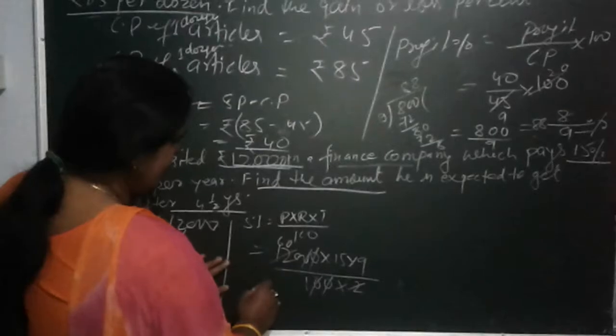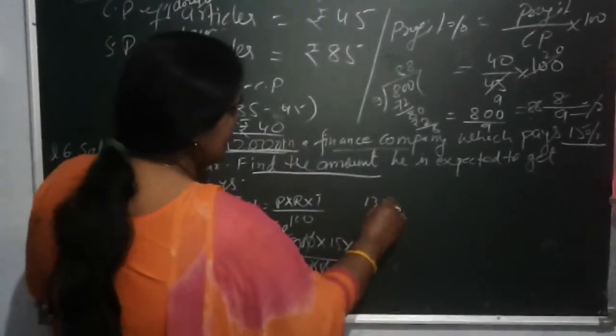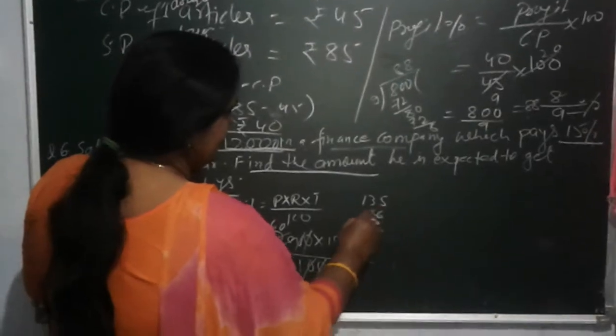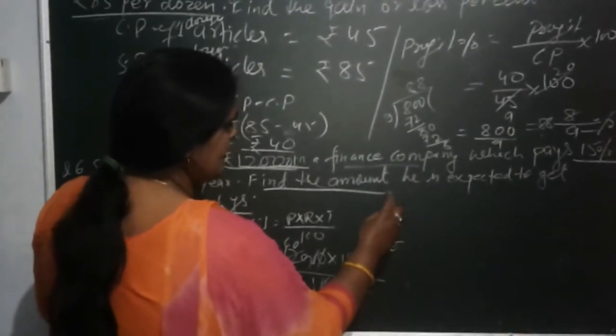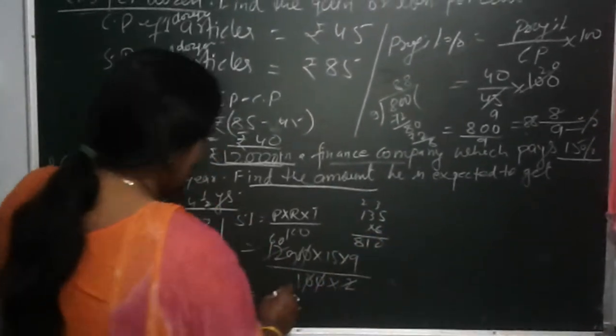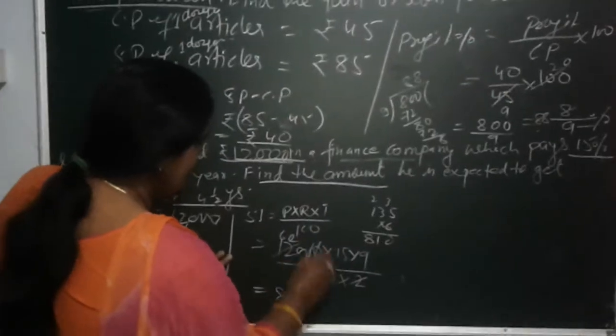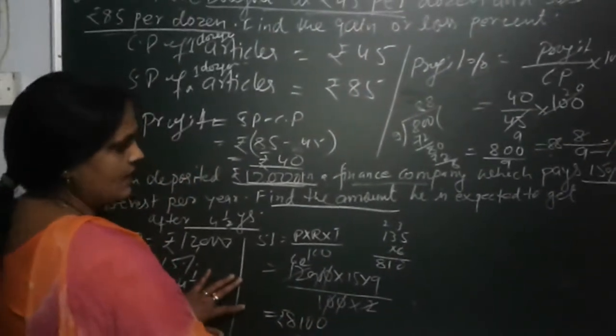So you have to multiply 15 into 9, which is 135, and 6. 6 5s are 30, 6 3s are 18, 19, 20, 21, 6 1s are 6, to 8. So your simple interest is 8100.